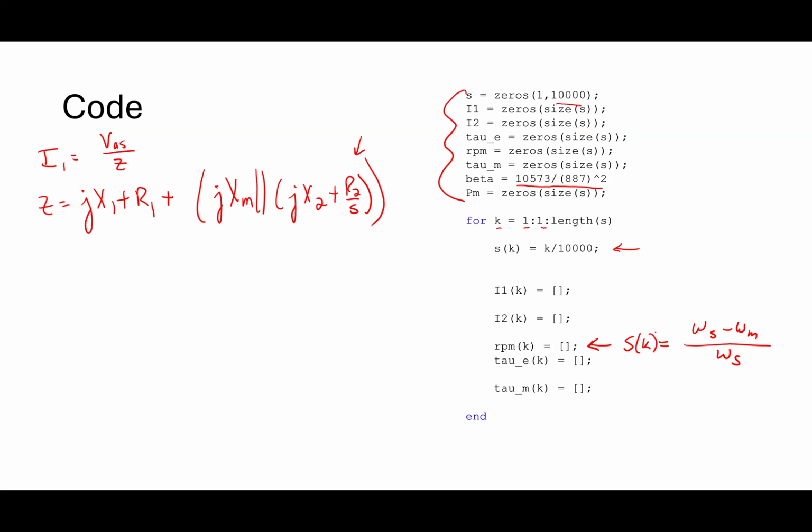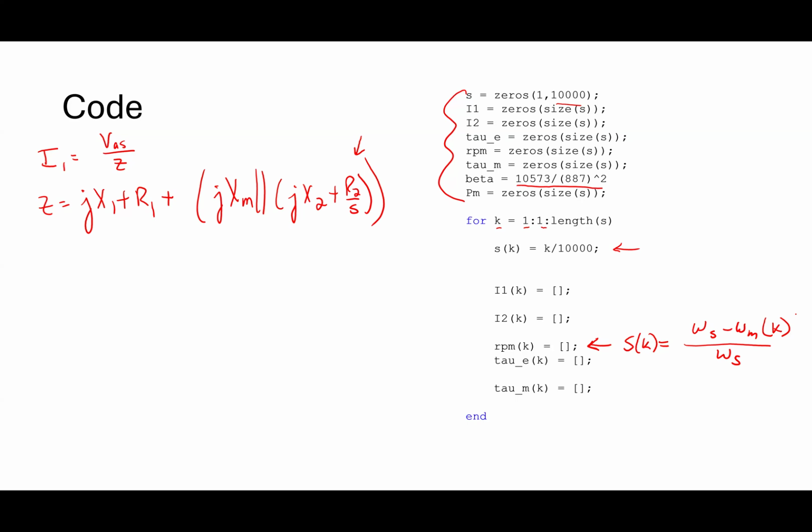Omega S is just a constant. Synchronous speed doesn't change. This would be omega M of K, because during the case run through this loop, S is going to be a fixed number. I want to use the S value that corresponds to run number K, or iteration number K. So when I do this, I would do it that way.